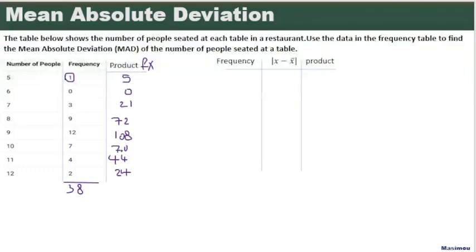And when I add all these numbers up, 5 plus 21 is 26, and I add all of them up, plus 72, plus 108, plus 70, plus 44, plus 24. Let me write here, total, which gives me 344.